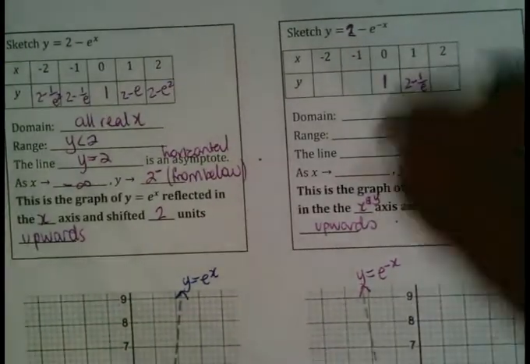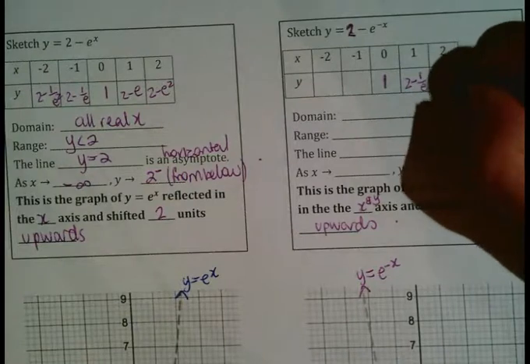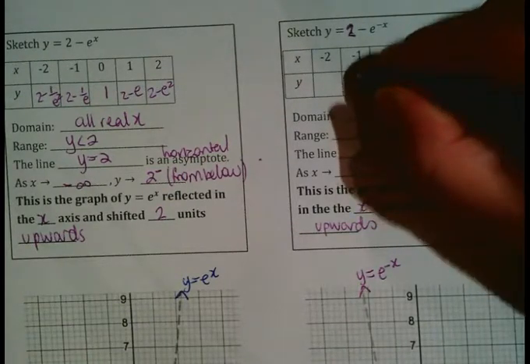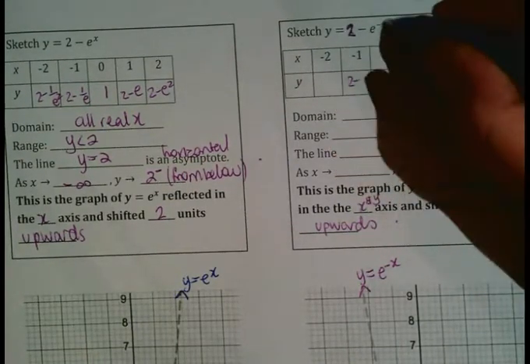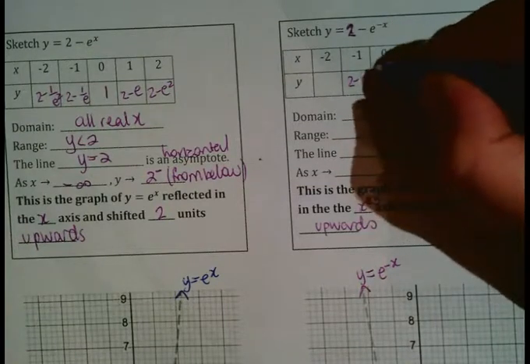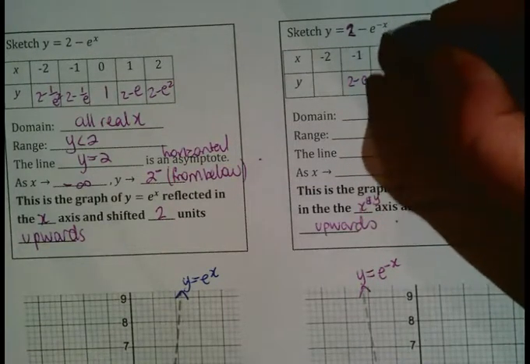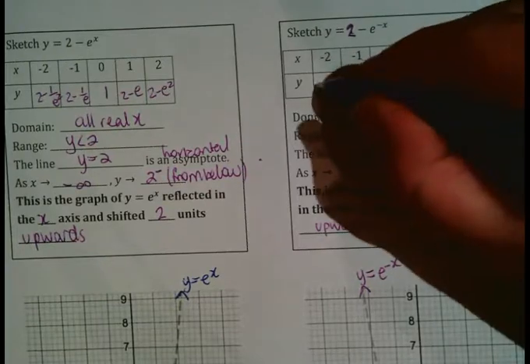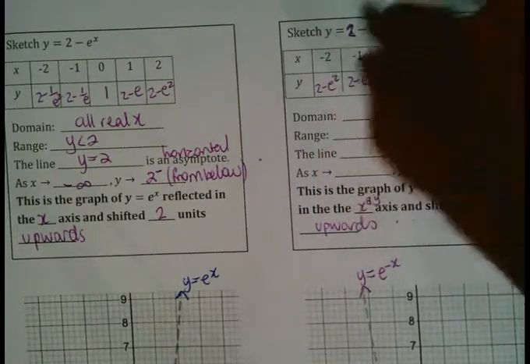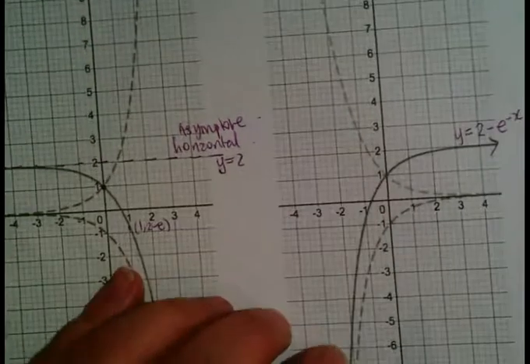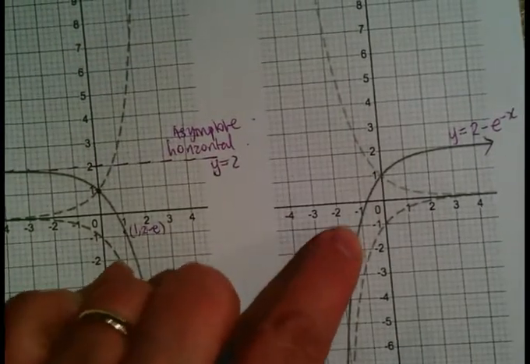And so on, you can just complete these. So that would be 2 minus 1 on e squared. This would be 2 minus, now e to the negative 1 is just 2 minus e to the positive 1, which is 2 minus e. And this would be 2 minus e squared. Okay, I'm just checking those on the graph. Yes, and those points look correct.